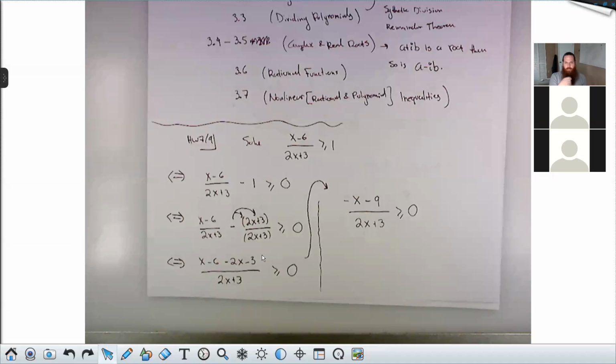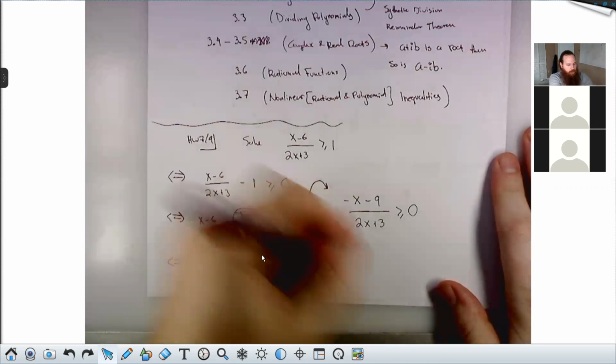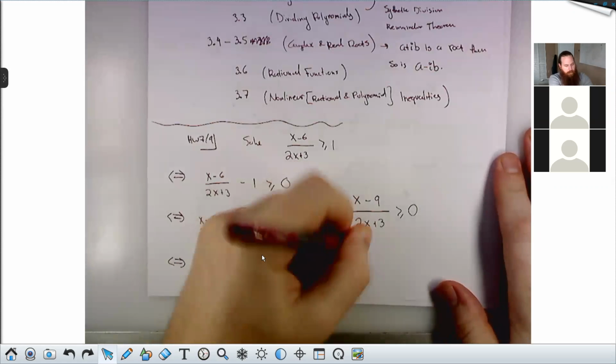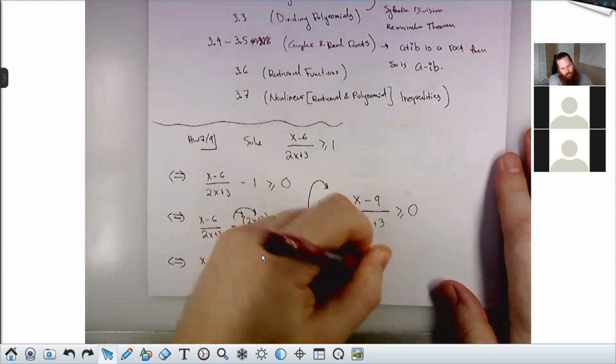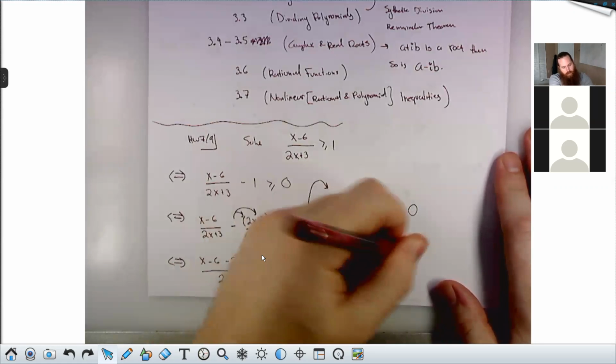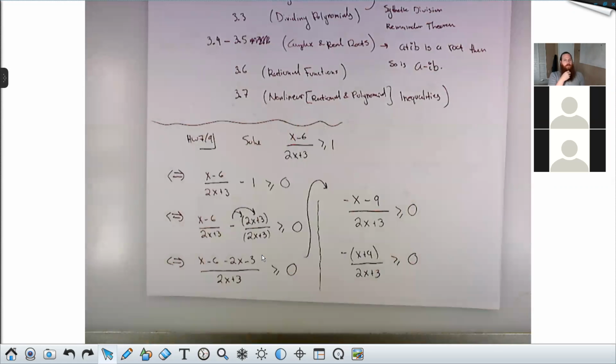And there's not much in the way of factoring to do. I can factor a negative 1 from the top. And that gives me this. So, all right, we've done all the nasty algebra stuff we need to do here: pulling everything to one side, common denominator, like terms, factoring. What do I do once I get to this place?